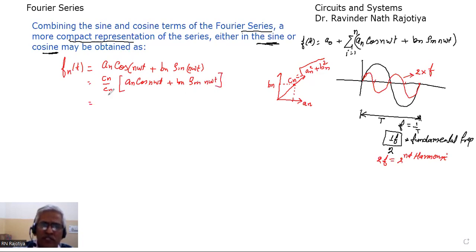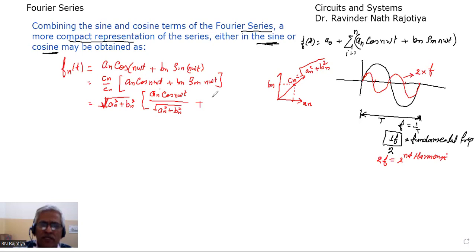If you write the value of cn as square root of an square plus bn square, and you take this cn down this side, I can write an into cos of n omega t divided by square root of an square plus bn square.